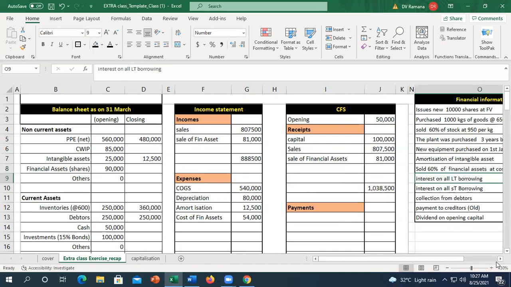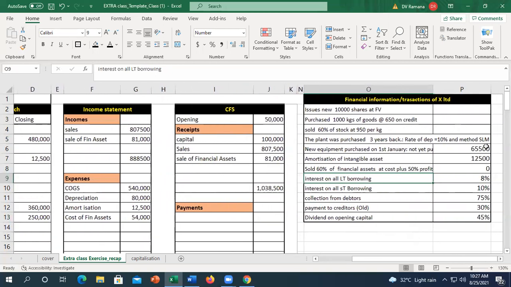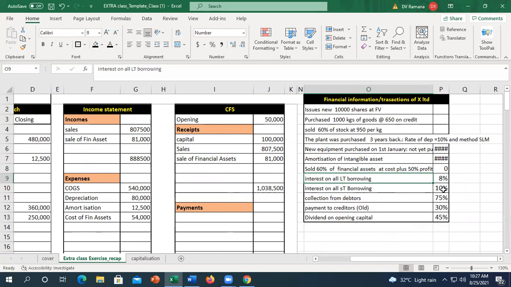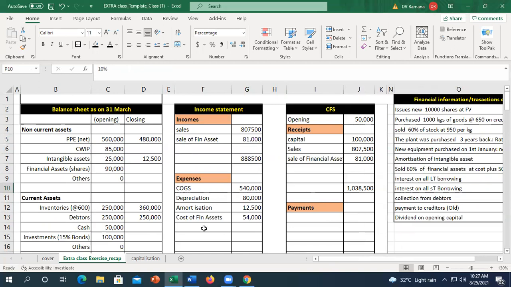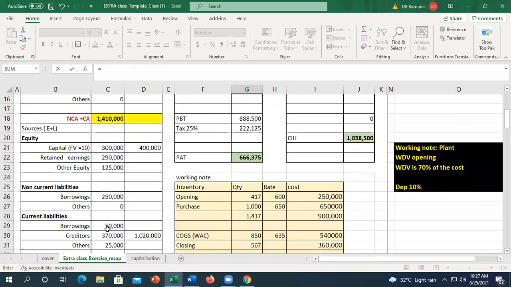Interest on long-term borrowings is 8%, and interest on short-term borrowing is 10%. So the long-term borrowings of the company, the non-current liabilities, into 0.08.